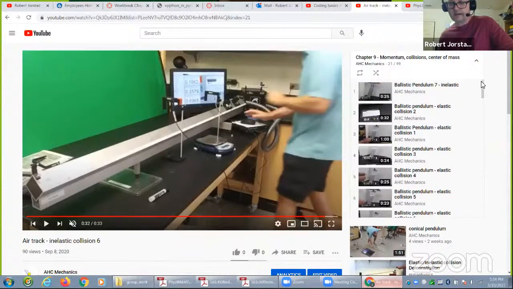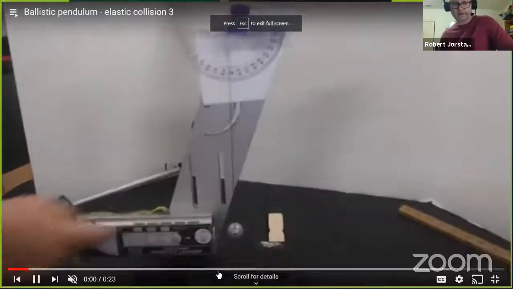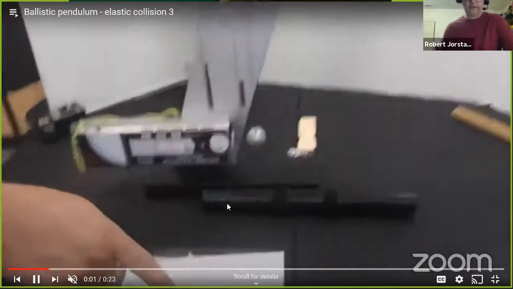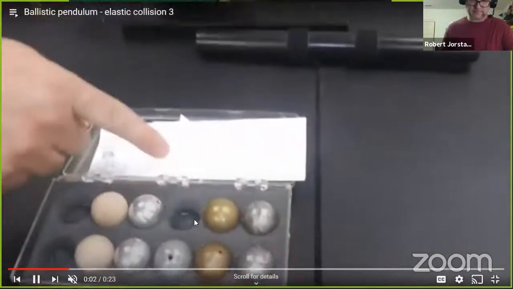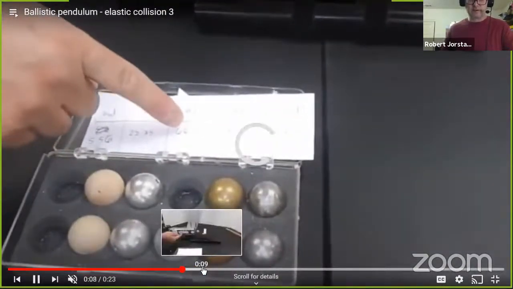Now, this is kind of a strange case, so let's maybe look at this one here. All right, so this is a ball hanging on a string. We know the masses of it. Okay, whatever. Let's keep going.